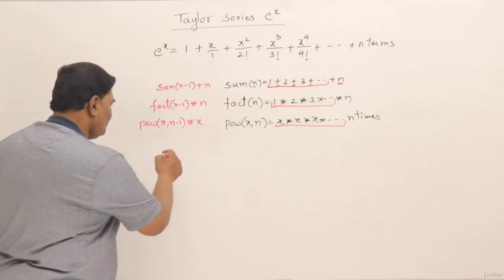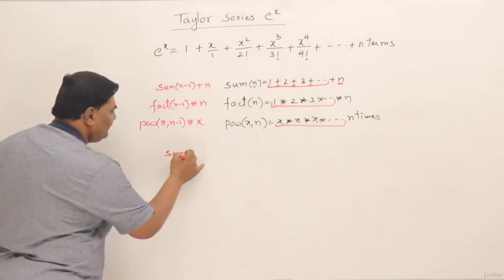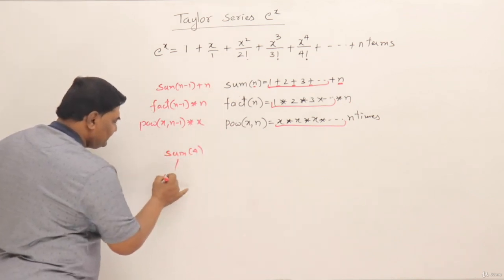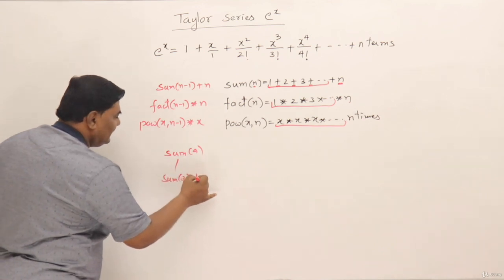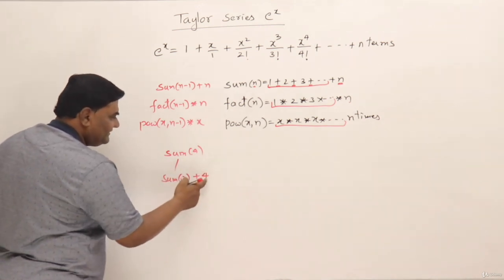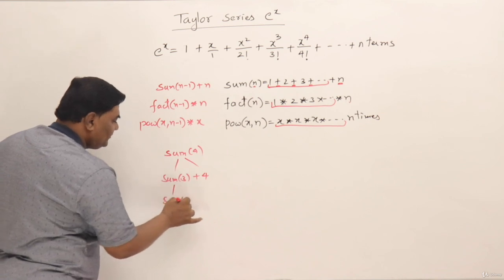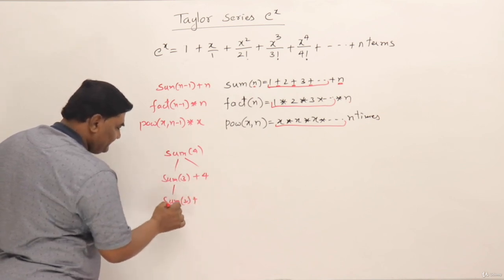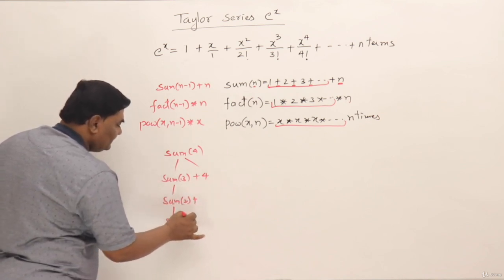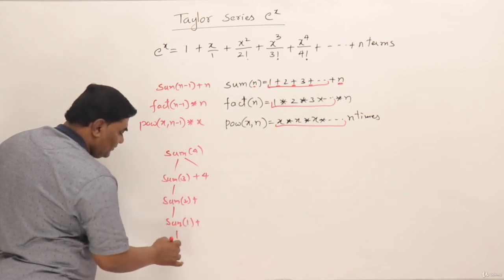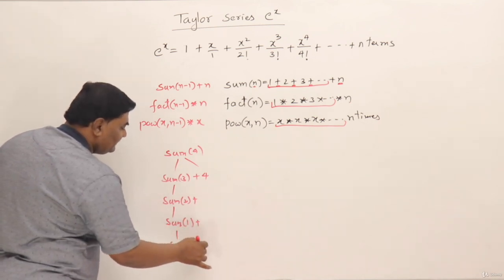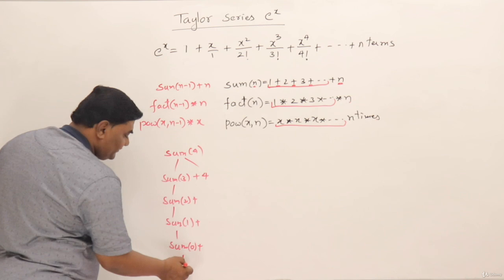If I take the value of 4, sum of 4 will call sum of 3 plus 4. This 4 will be added at returning time. Then sum of 2 plus 3, sum of 1 plus 2, sum of 0 plus 1. The sum of 0 is 0.